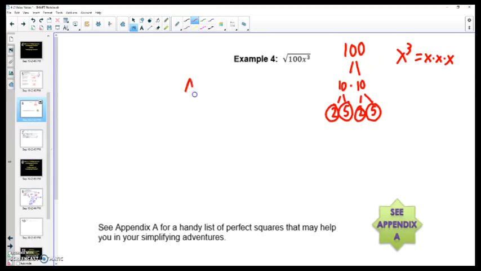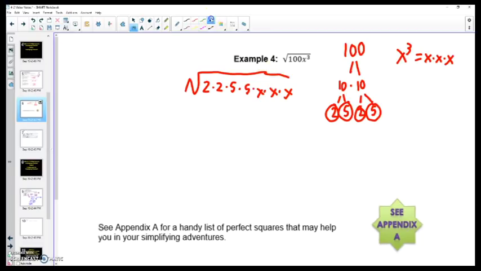So I'm going to look underneath my radical, and instead of writing 100x cubed now, I'm going to write what I got from my two factor trees. I had 2 2's, I had 2 5's, and then I had 3 x's as well.